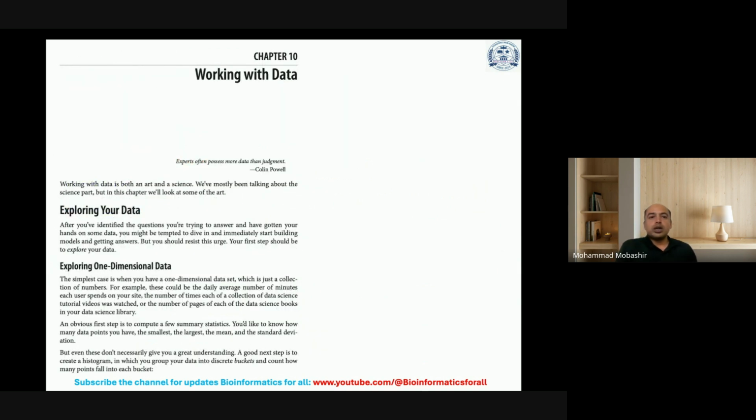So then it comes to working with data. First thing is, what are the dimensions of the data? When you load the file, you need to evaluate what the dimensions of the file are. What are the rows and columns?